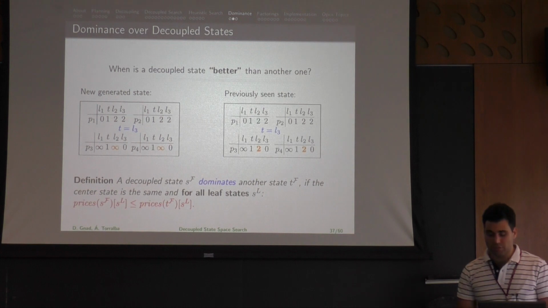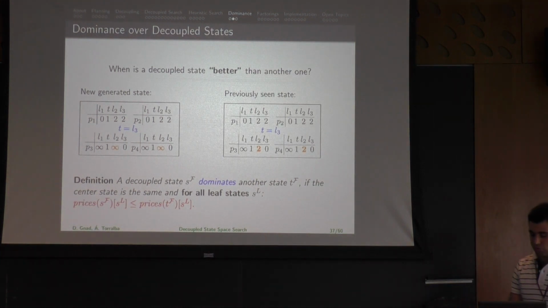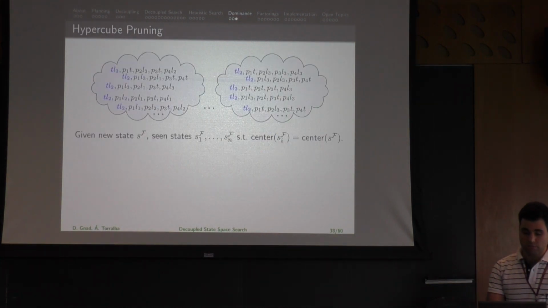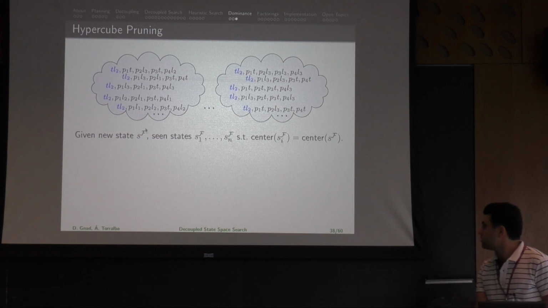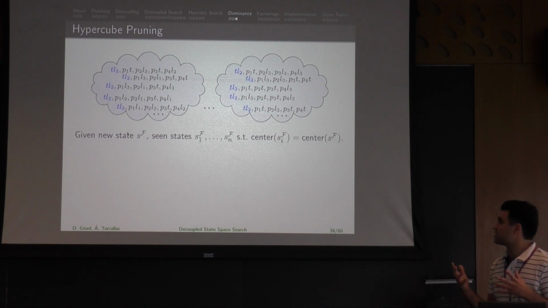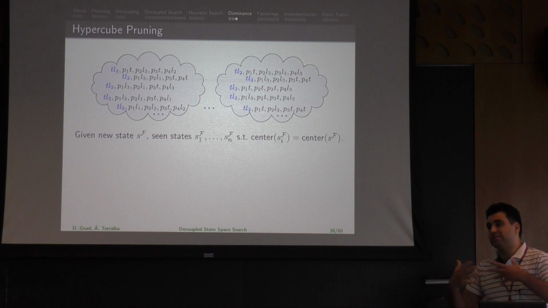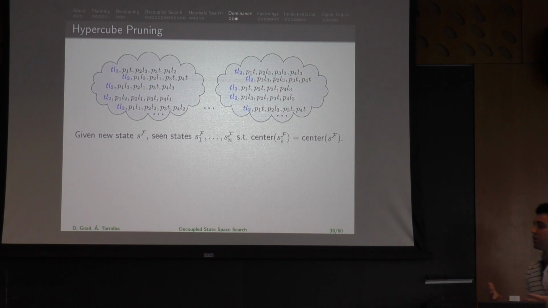Now, you might be wondering, could we do better than this? And well, the answer is yes. What you could try to do is the following. Given that you have a new decoupled state, understood as a hypercube, so a set of states, the question is: have I already seen all the states that are in this set?